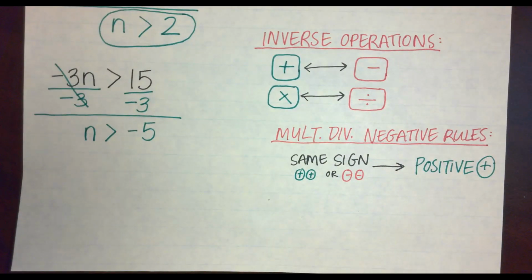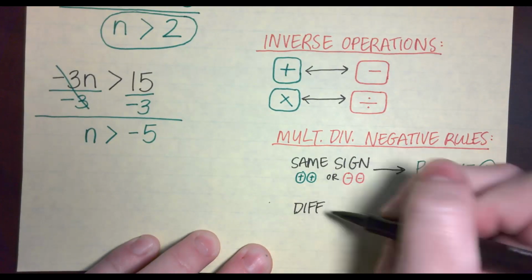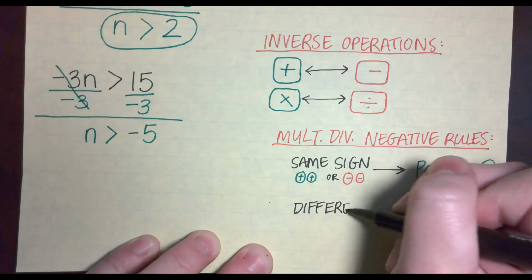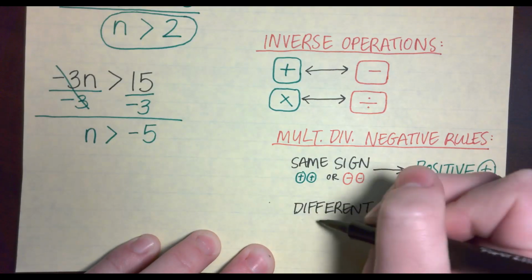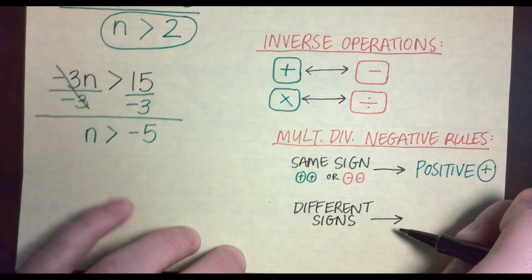If we have numbers with different signs, meaning one positive and one negative, doesn't matter which order it's in, we'll get a negative answer.